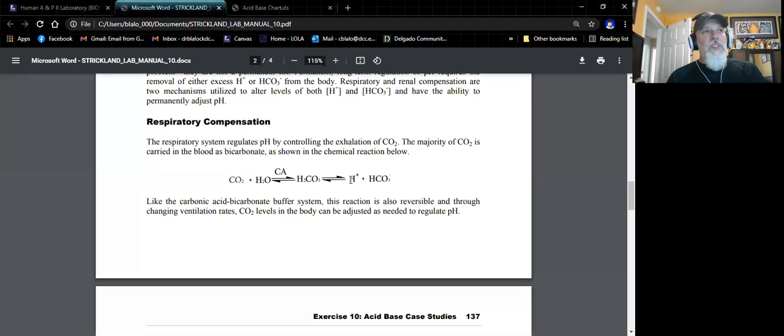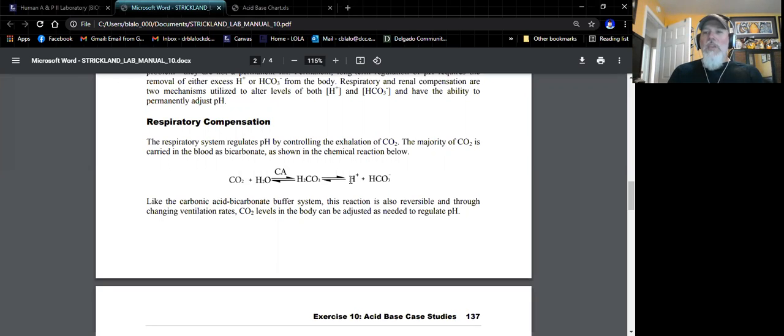If we become too acidic or too alkaline, we can compensate for that by changing our respiratory rate. But we can also create an acidic or an alkaline situation because of our respiratory rate. Remember, when we exhale carbon dioxide, we're taking hydrogen ions out of solution.